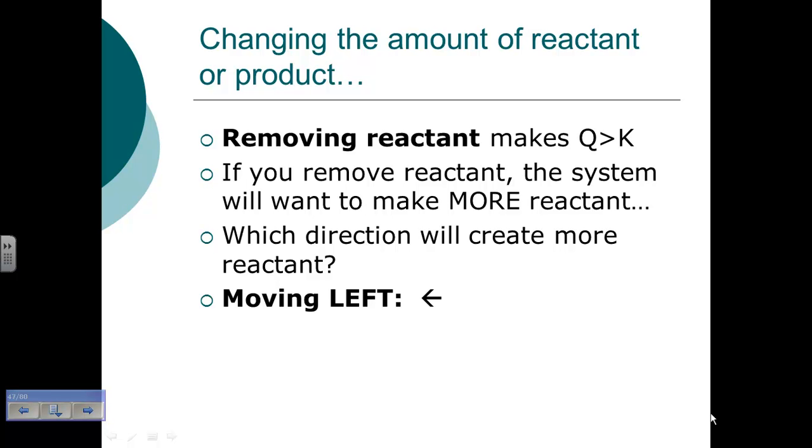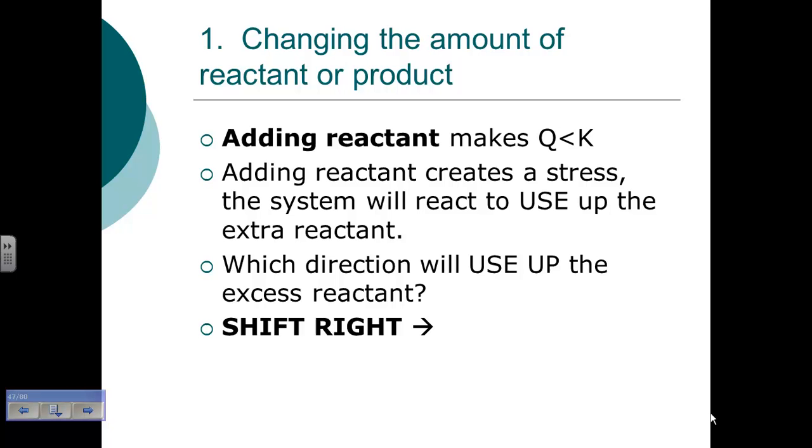You want to make more. If you take some away, the opposite is to put more in. So if you remove reactant, the system will want to make more, so you point at it. Which direction of our equilibrium is going to point at the reactant side? Well, that'll be pointing left. Removing reactant causes the equilibrium to shift left.